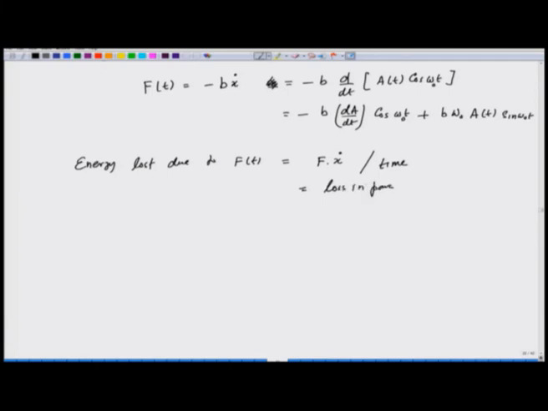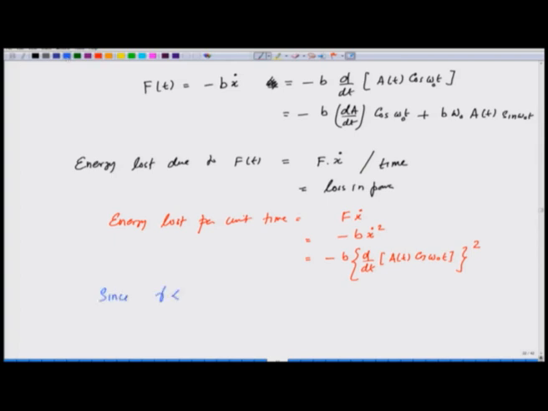So, energy lost per unit time is equal to F x dot, which is going to be minus B x dot square, which I can write as minus B times d by dt of A(t) cosine of omega 0 t, whole square.